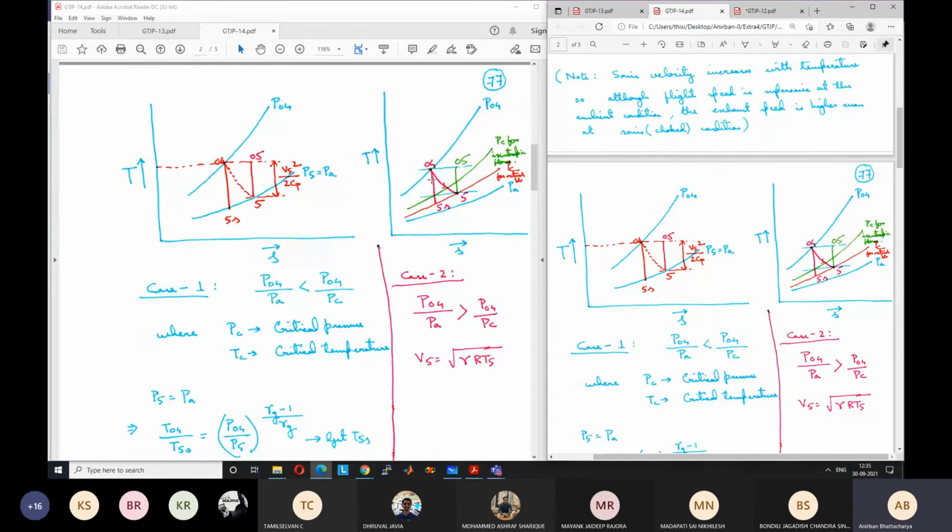If the nozzle was ideal, the change in enthalpy would have been the same. Why? Because we would have reached the critical velocity, meaning we would have reached the sonic velocity. The sonic velocity depends on the change in enthalpy, right?